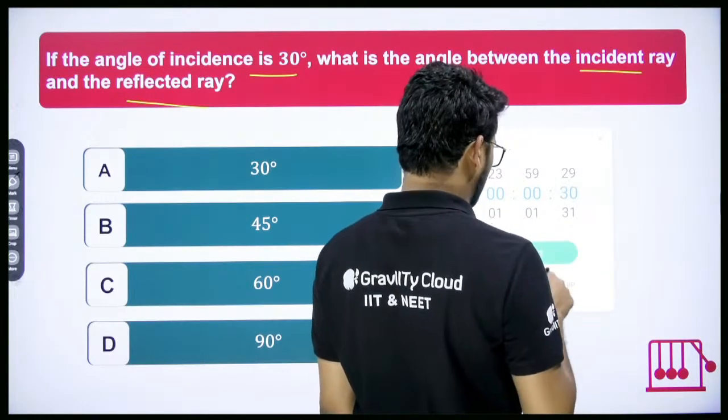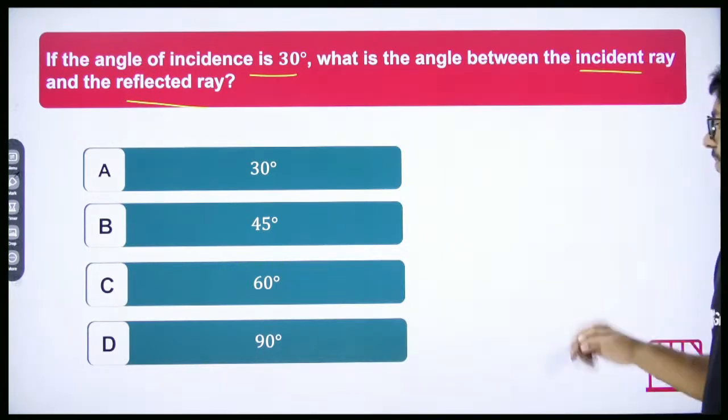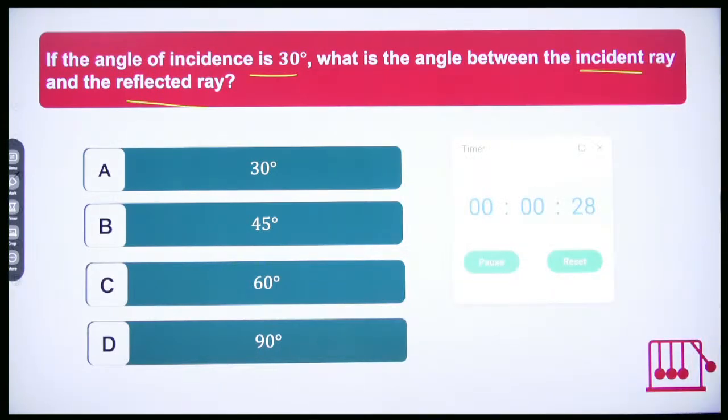When you draw the diagram, you will get the answer. So please solve it, everyone. The angle of incidence is given. You have to find the angle between the incident and the reflected ray. The clue is to draw the diagram.